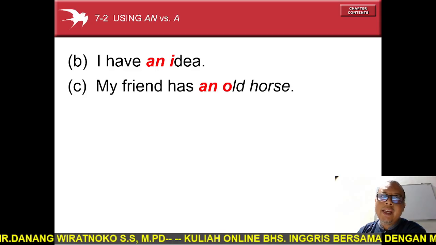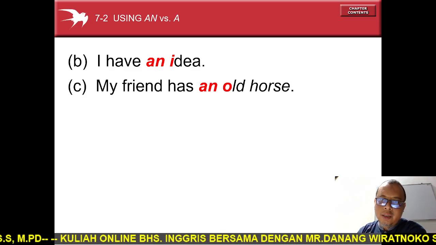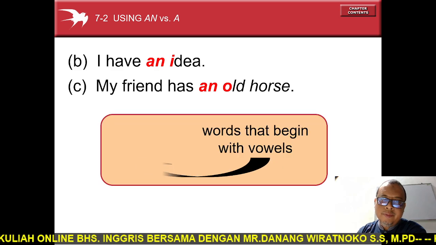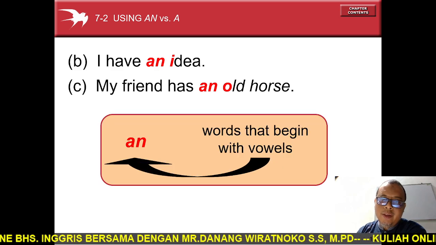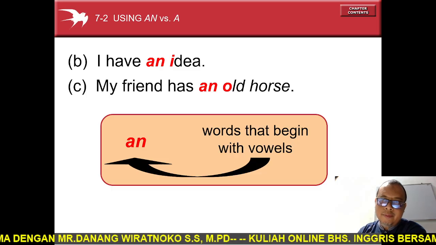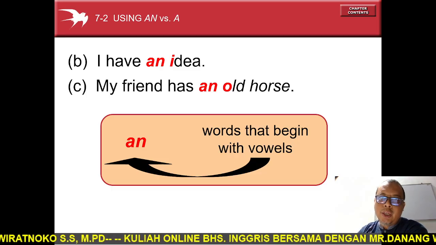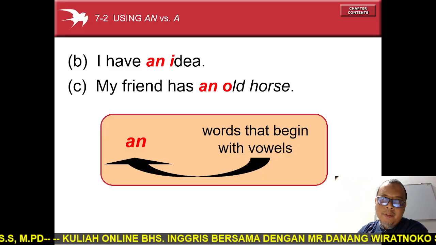I have an idea. My friend has an old horse. Okay, for words that begin with a vowel, we put an. Jadi setiap kata benda yang awalannya adalah huruf hidup A, I, U, E, O, itu pasangannya pasti pakai an.